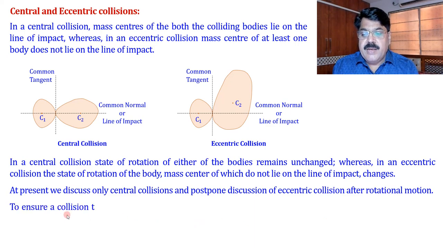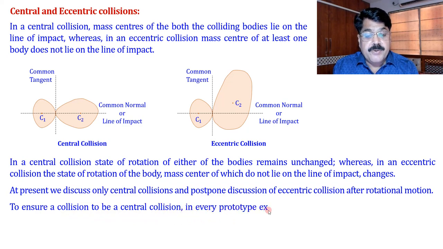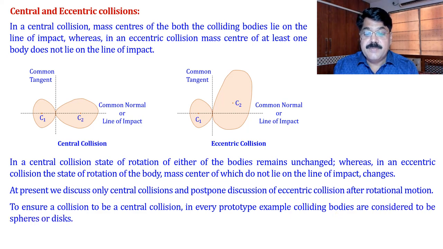To ensure a collision to be a central collision, in every prototype example, colliding bodies are considered to be spheres or disks. Actually, this is why you might have seen that in all the examples given in all the textbooks on collision, the bodies which you take are either sphere or disk.